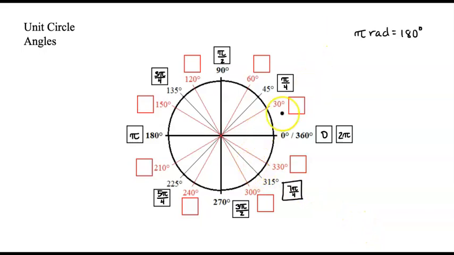And you'll notice that wherever we have a reference angle of 45 degrees, and this reference angle is going to be the angle from wherever our measure is to the x-axis, we have a denominator of 4, and we see that pattern.